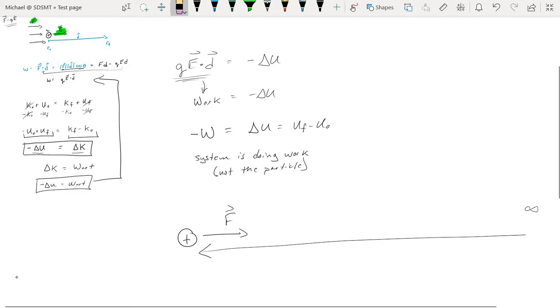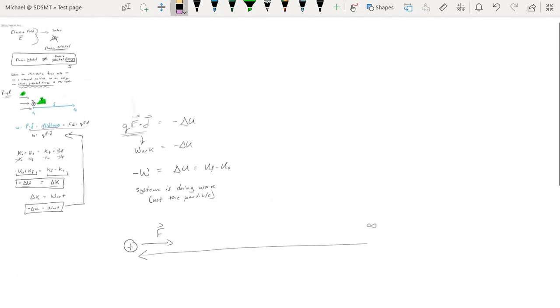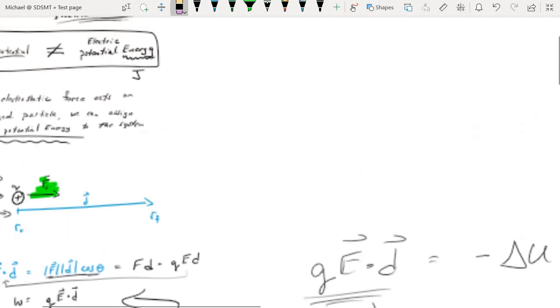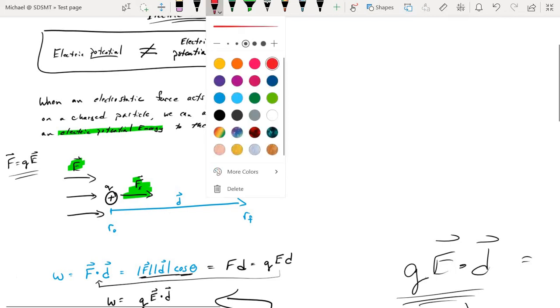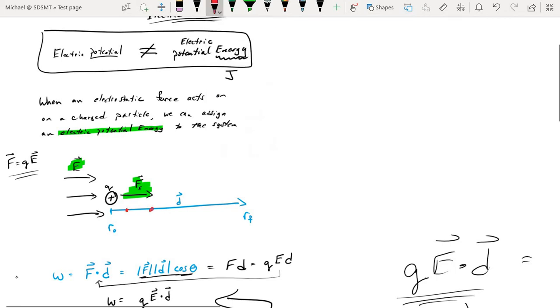Now, why do this? Well, eventually what we're trying to do is come up with an expression that will tell us what the potential energy of our particle is. But I need a specific location if I'm going to measure that potential energy.